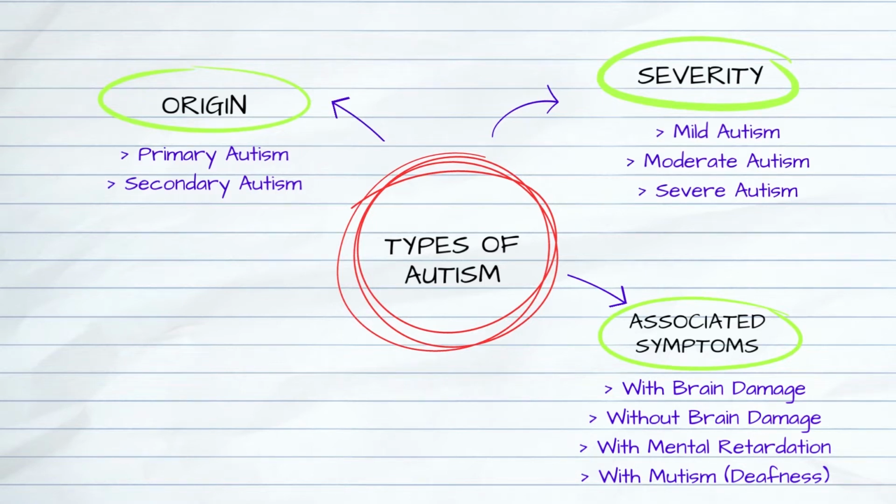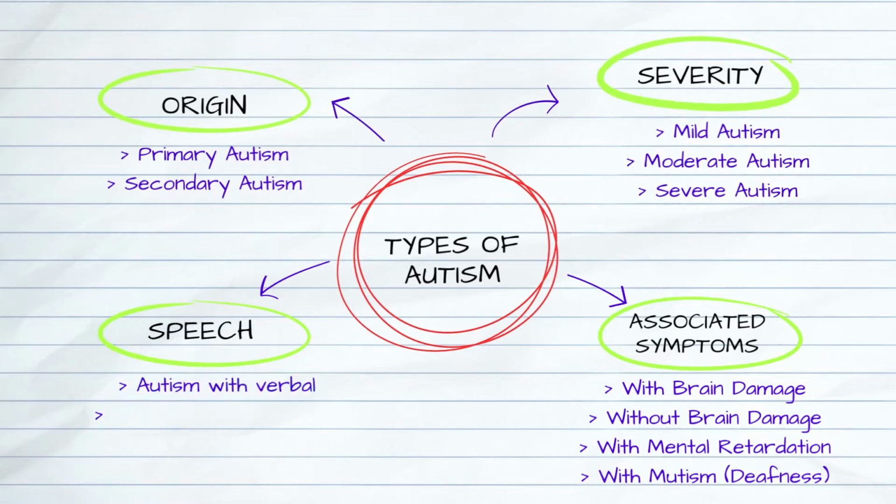And if we try to understand autism with speech, then we have autism with speech, that means verbal, and autism without speech, that means non-verbal. So these are the various types we can categorize autism into.